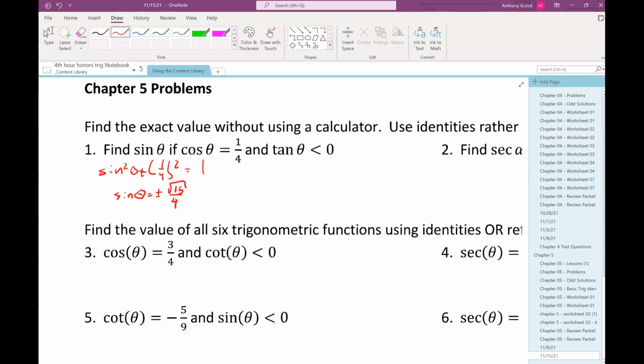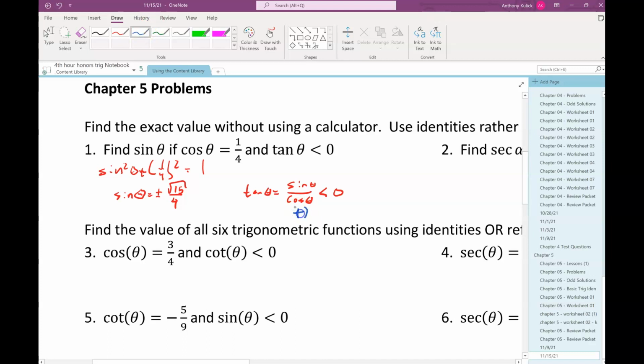Okay. Now I just need to figure out whether that sine theta should be positive or negative, right? So to do that, I'm going to use the fact that tangent is sine over cosine. And I know that in the problem, tangent is negative.